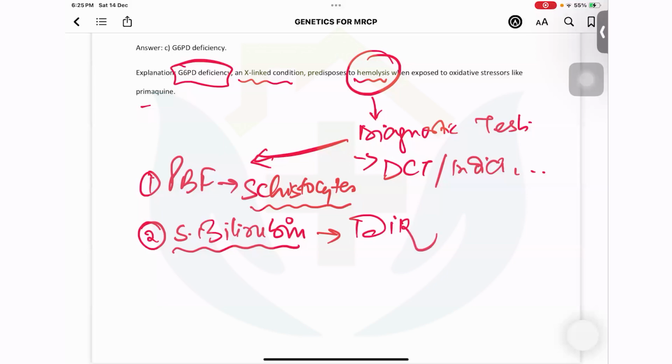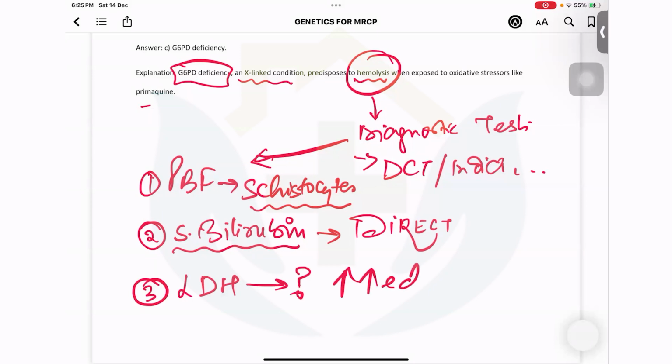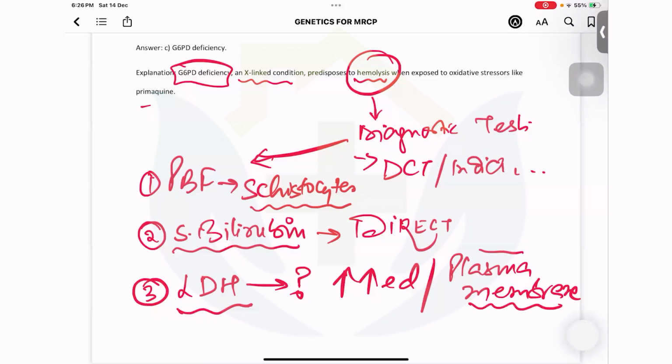Indirect. Serum bilirubin will be increased. LDH will be increased. LDH is a byproduct of breakdown of the plasma membrane, so wherever cellular damage occurs, LDH increases.